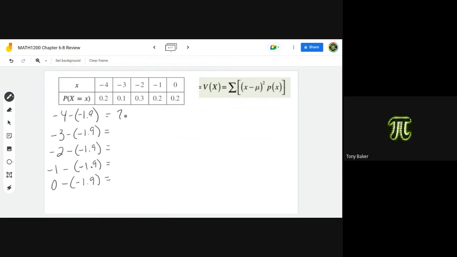So I've got 2.1, -1.1, -0.1. Then I got 0.9 and 1.9. Then square them all.